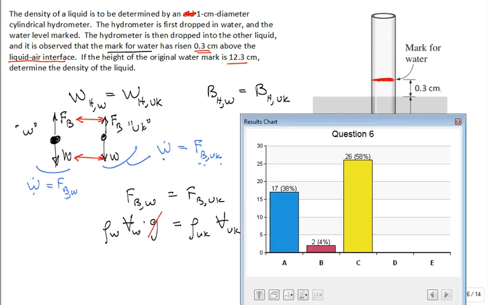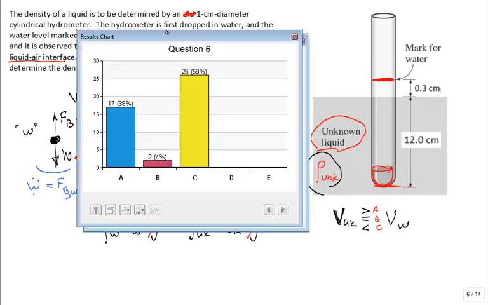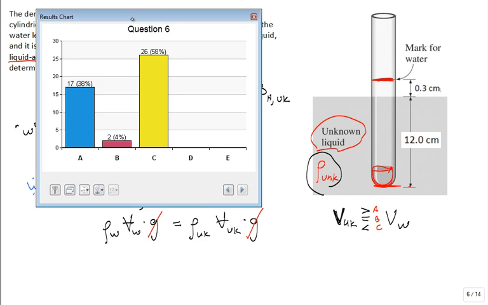All right. There's still a lot of distribution. Well, again, this notation is the volume. Volume of what? That's the volume of the fluid that's displaced by the same hygrometer when it's dropped in the unknown fluid versus when it's dropped into the water as the reference. When it's dropped in the water, didn't it sink further?